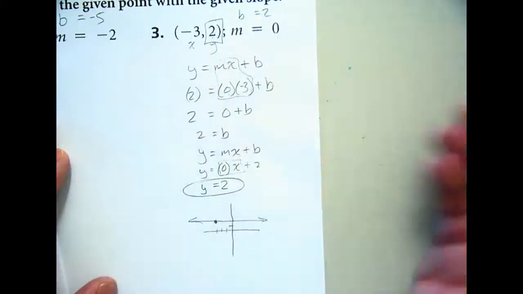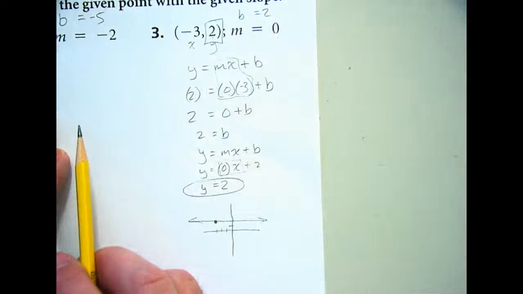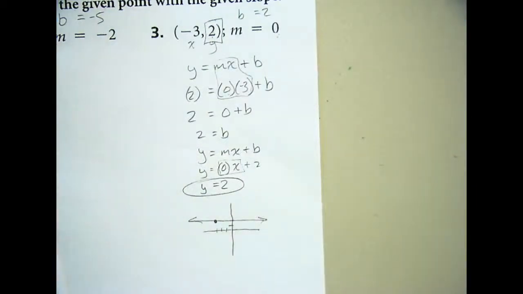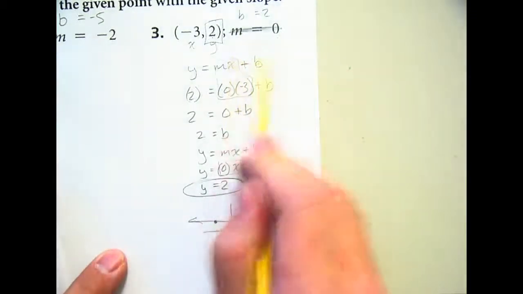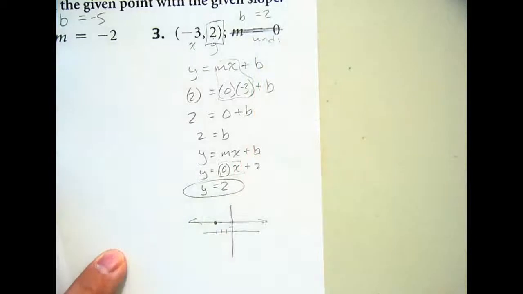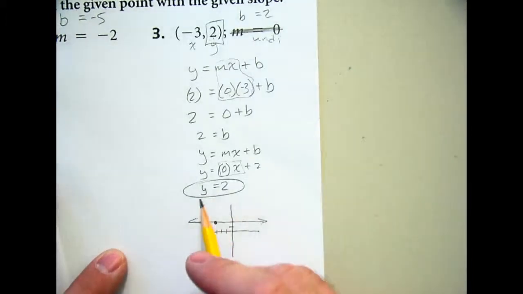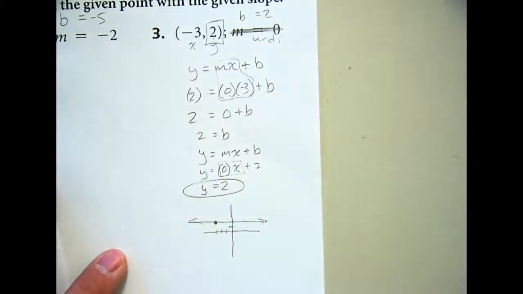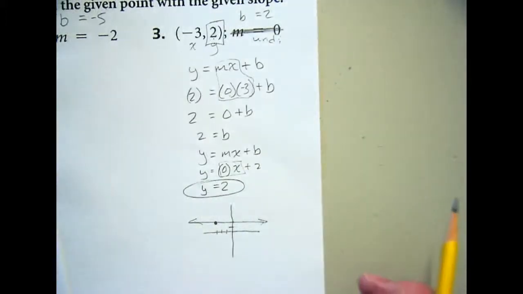In fact, if it was undefined, what would the equation be? If it's undefined, what's your line look like? It's straight up and down. Which axis is it going through now? X. So if this was undefined, if we changed this up and said, hey, it's undefined, what's my equation now? Ready? Go ahead and tell your neighbor what axis it's going to go through if it's going straight up and down.